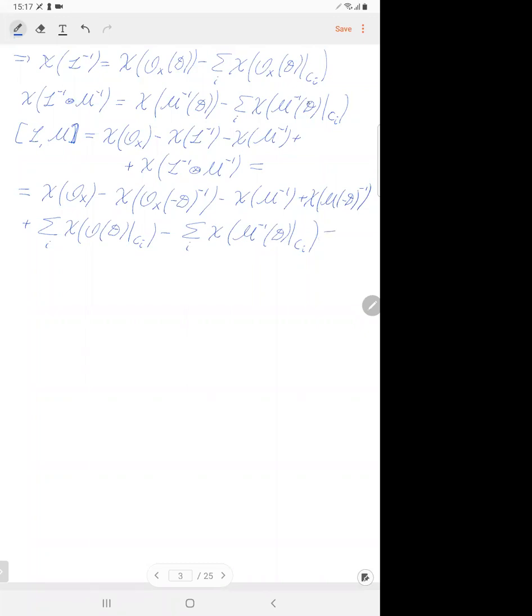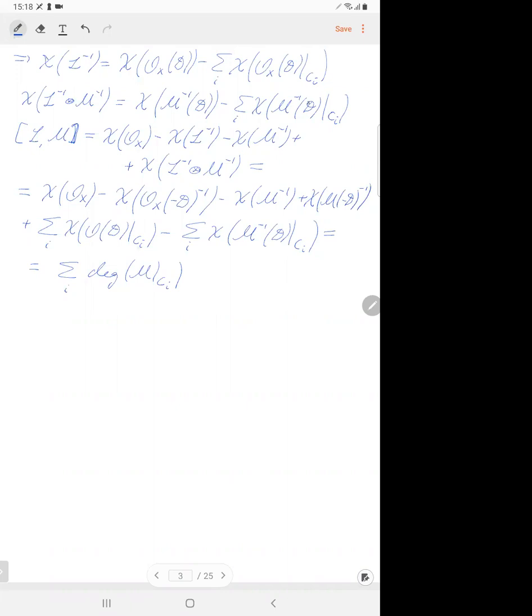Okay, and now the second line is just the sum of degrees of M restricted to Ci's. Why is this? Because I think we discussed this last time, Sergey.